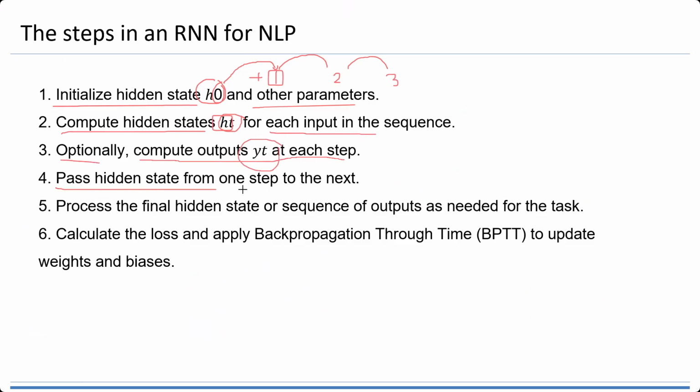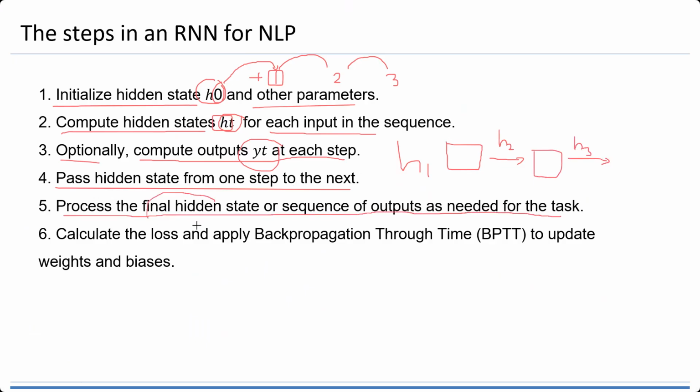As the hidden state goes from one step to the next, we have h1, then we have the formula, and then we have h2. And then we have another formula, and then we can create h3, and so on. Process the final hidden state or sequence of outputs as needed for the task. It depends whether your task is regression or classification or sentiment analysis or text generation and so on.